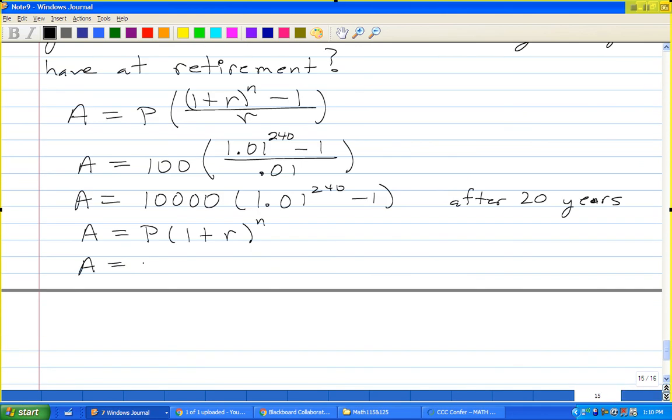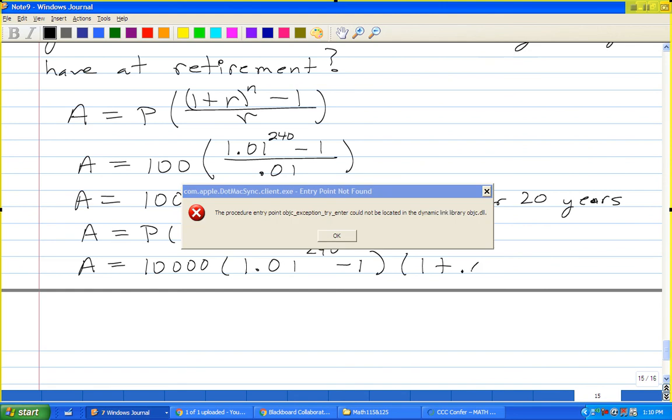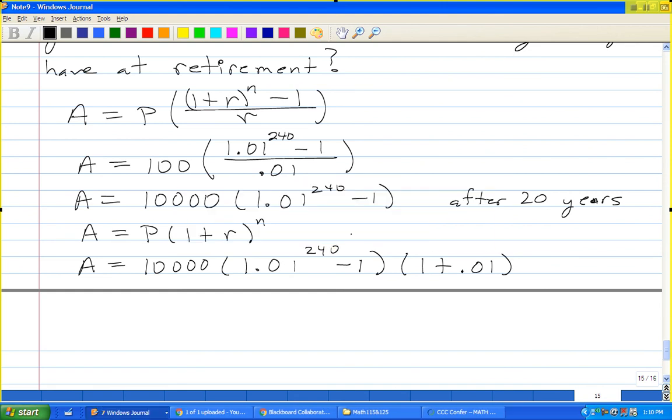I start out with 10,000 times (1.01 to the 240 minus 1), and I do this for 12 times 50 years. So 12 months a year for 50 years is 600. So maybe I'll just write this as 1.01 to the 600.